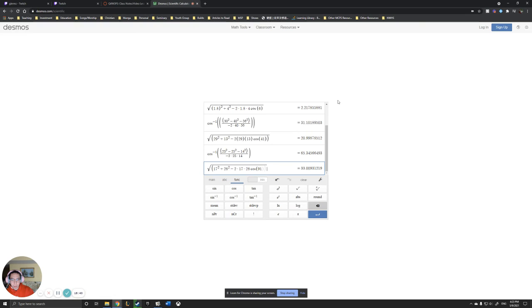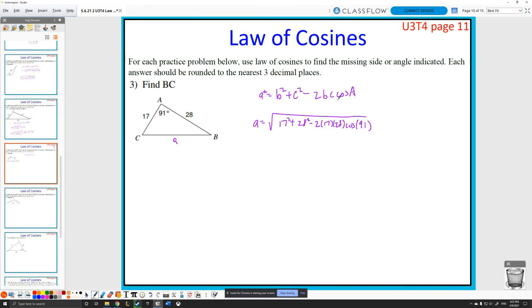So, 33.009. And again, no units, so we'll just write units as a placeholder.